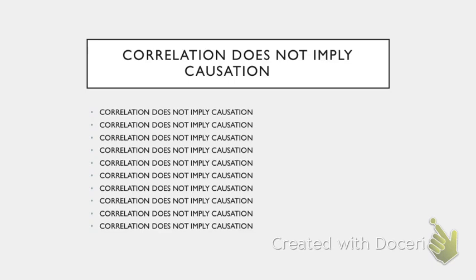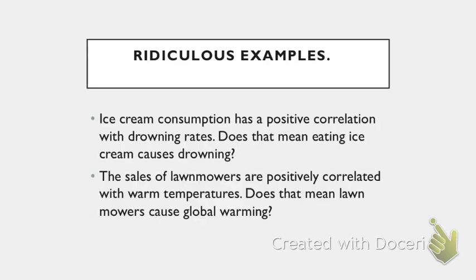If I say two things are correlated, that does not mean that one causes the other. The number of hours you studied does not cause you to make 100. Here are some ridiculous examples that actually have a really high correlation statistically.